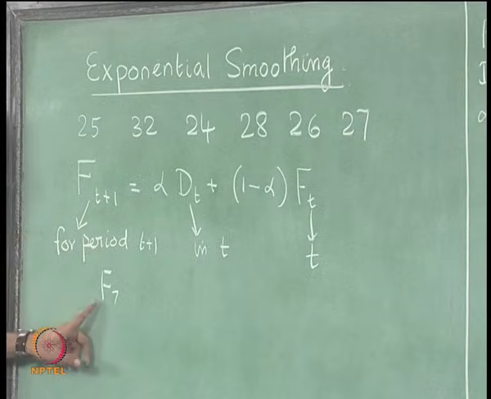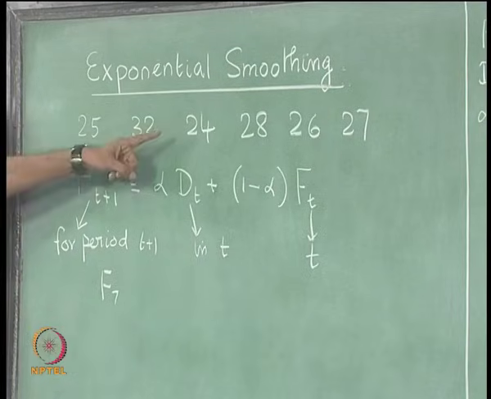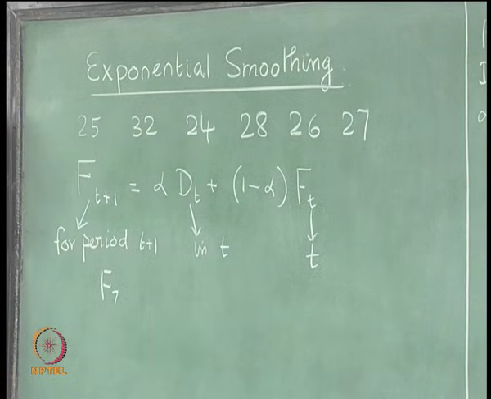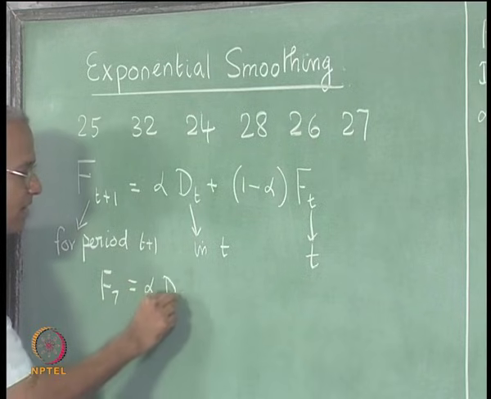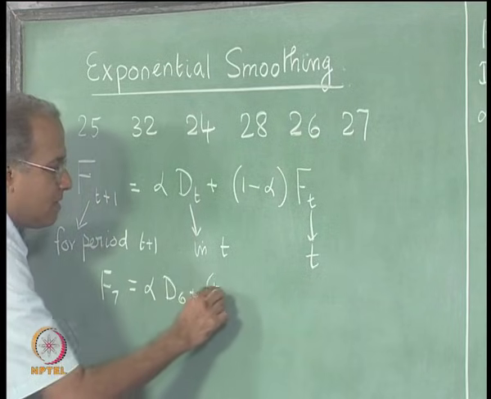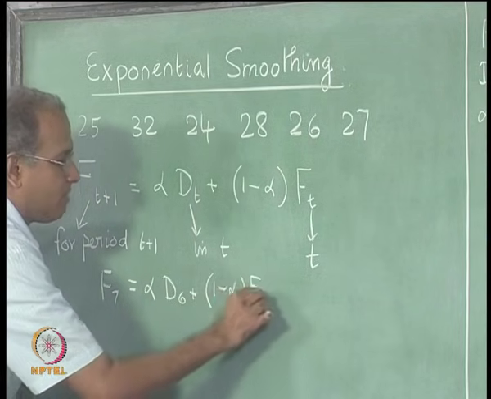So we are interested in F7, which is the forecast for period 7, because we know the demand up to period 6. So based on this, F7 is equal to alpha D6 plus (1 minus alpha) F6.